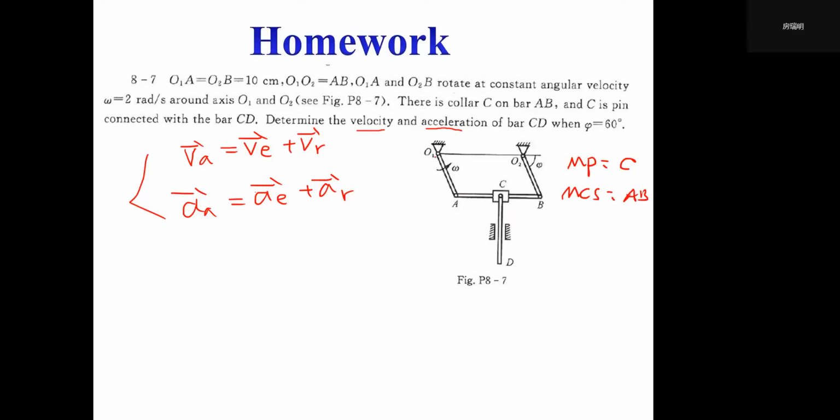It is also a point on this rigid body O1A, which has uniform angular velocity around the point O1. So you can easily find VA here, right? And its AA here along this direction. VA equals omega times O1A, which is R, and this AA will be omega squared times R, because it's a constant angular velocity.